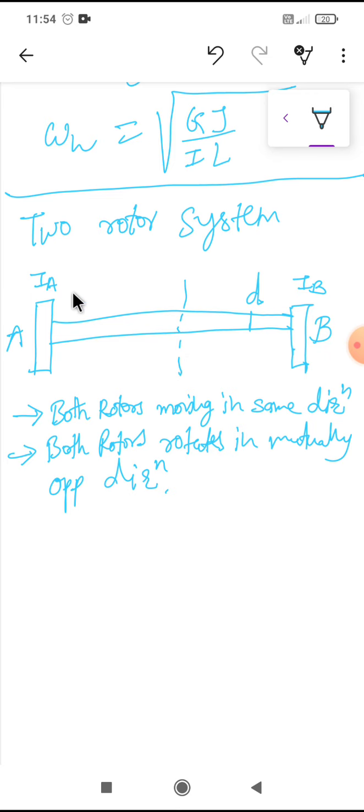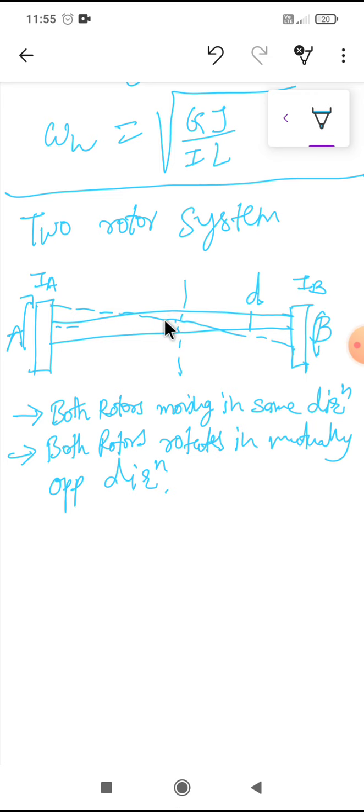Suppose this is moving in this direction and this is moving in this direction, so there will be a twisting. There will be a point on the shaft which will be in its position with respect to the original shaft axis. It means that this point has not been moved due to this twisting. It is at its original place only. That point is called node.